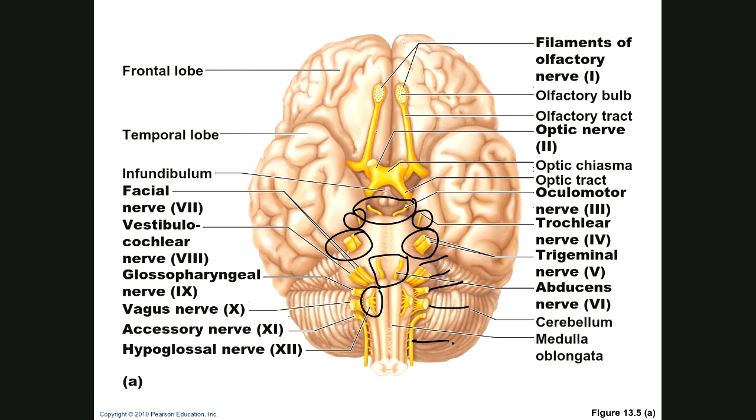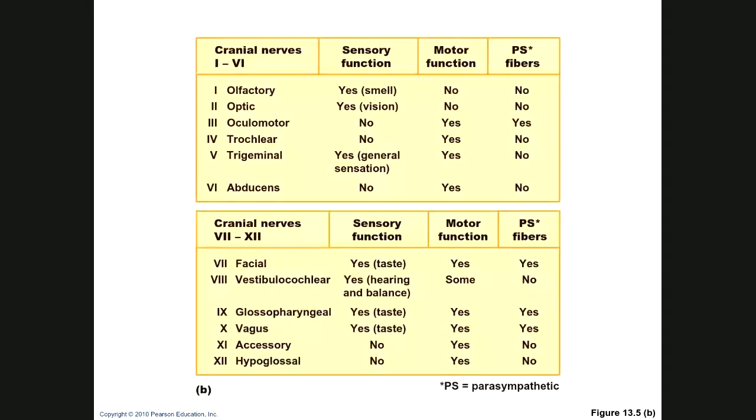We go back on top of the medulla, medial aspect of the medulla, for number 12, which is the hypoglossal nerve. And this chart again lists all the nerves, whether they are sensory, mixed, or motor. And it also points out which ones are parasympathetic.